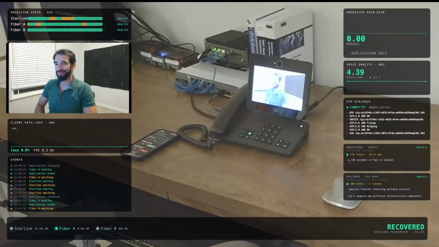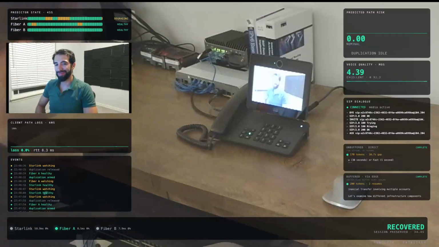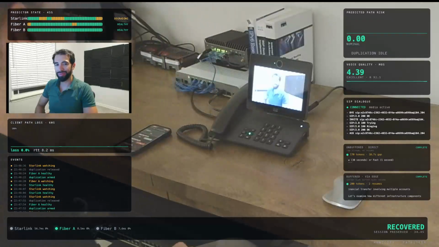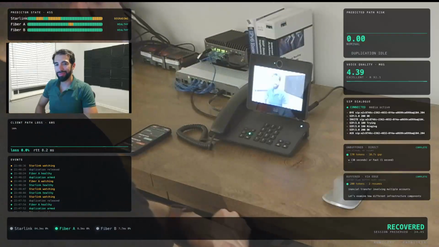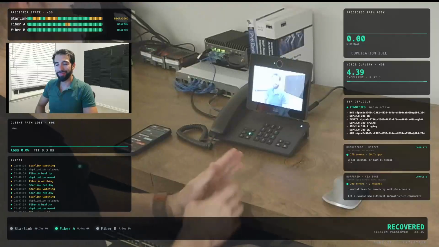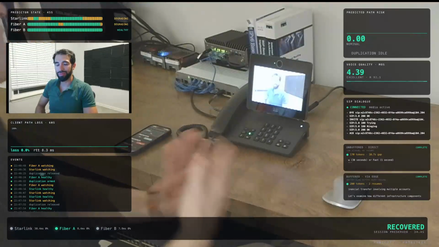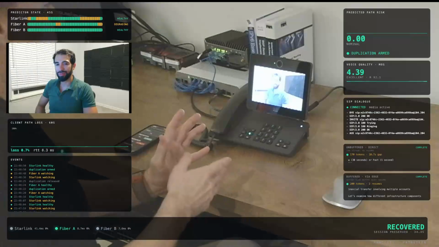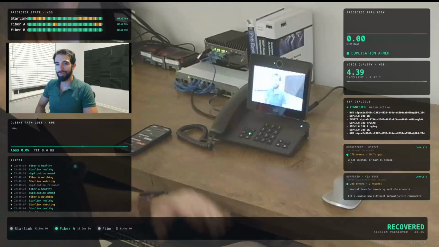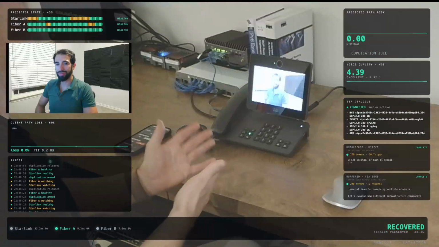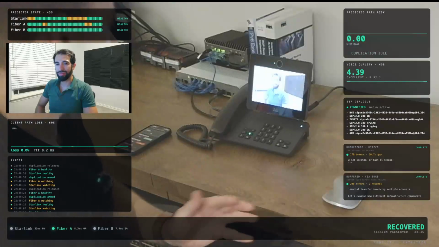I'm going to start going. I've got a little trigger here so I can start those scenarios, and then I'm going to follow it with some unplugging of cables. The first scenario is a predictive cutover, a graduated ramp. We have a prediction algorithm built into the system so it can preemptively detect when it thinks there's going to be a failure.